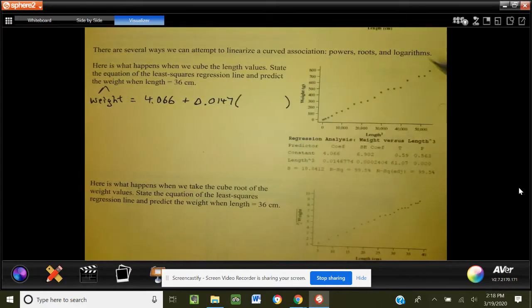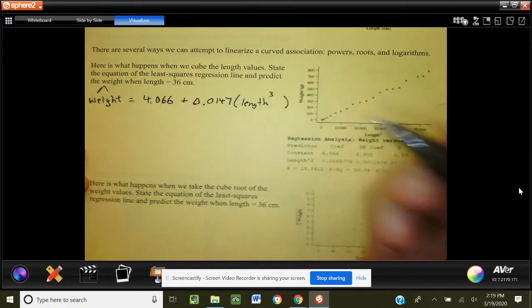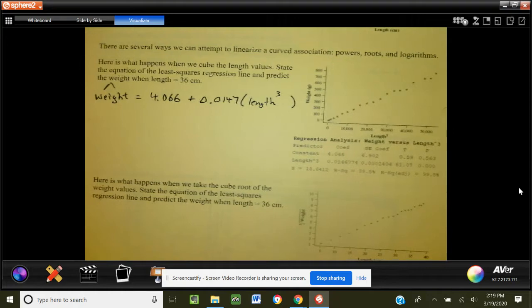Now, instead of length here, it's going to be length cubed. So we have weight versus length cubed.